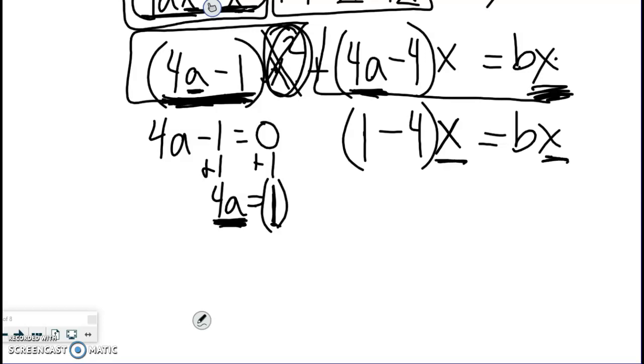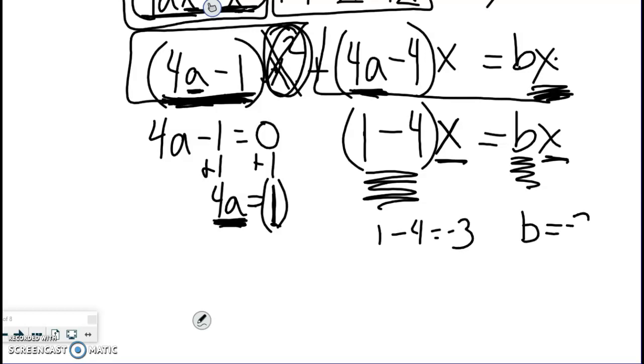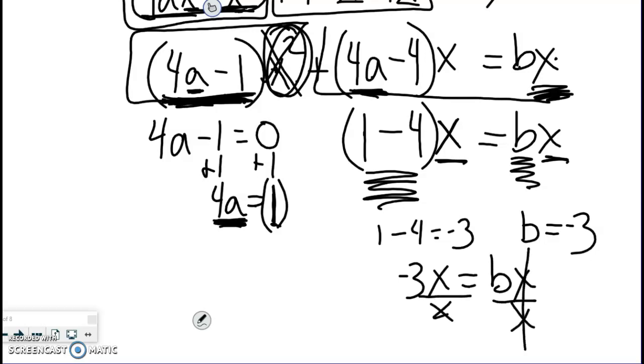So what this is telling us, if you want to cancel it out, we can divide by x on both sides. But what this is telling us is this front value, b, must be equal to 1 minus 4. Well, what is 1 minus 4? 1 minus 4 is equal to negative 3. So b must equal negative 3. 1 minus 4, negative 3, x equals bx, divide by x, and b equals negative 3.